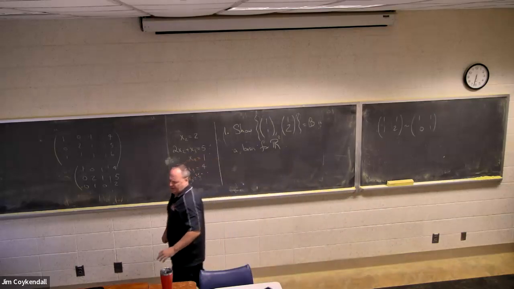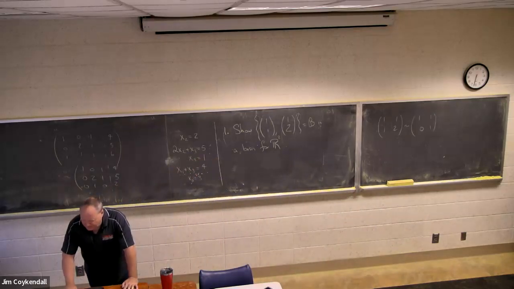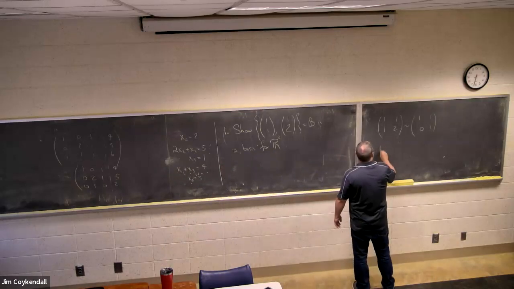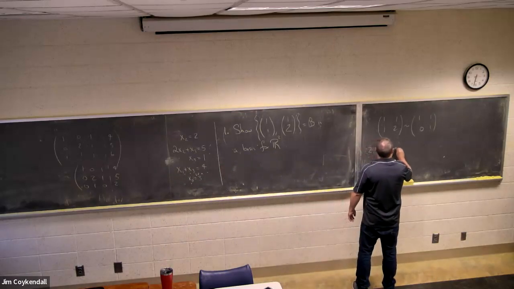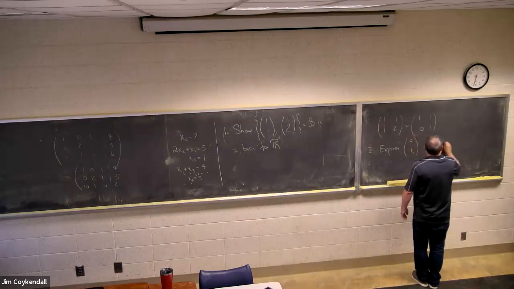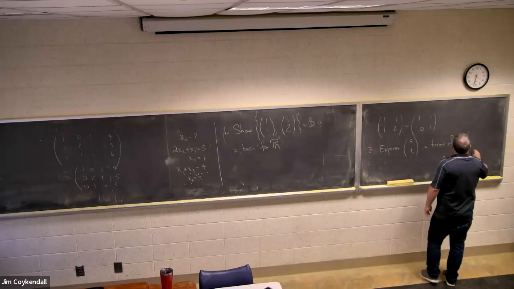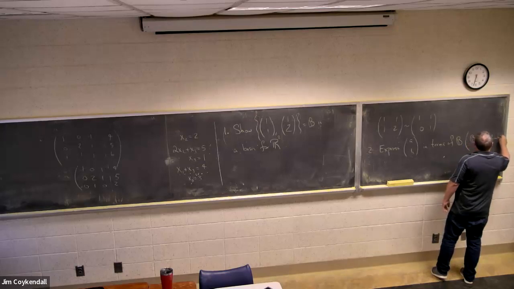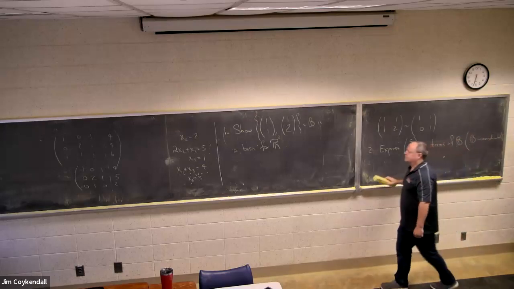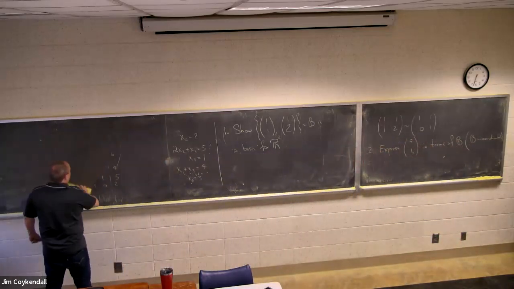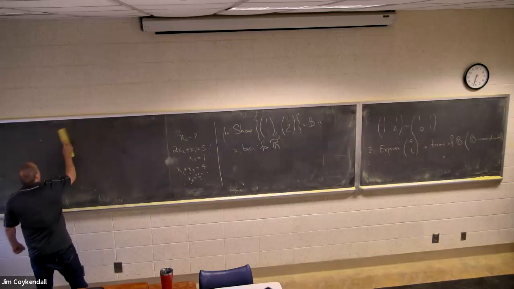The next one says, express the vector (a, b) in terms of the basis B. So how are we going to do that?